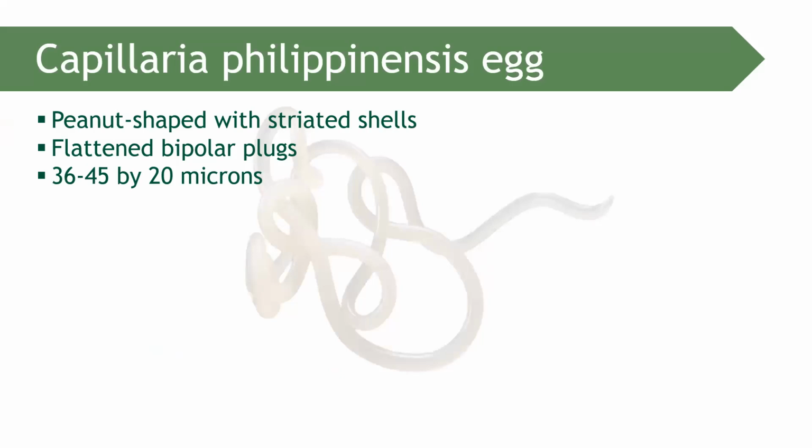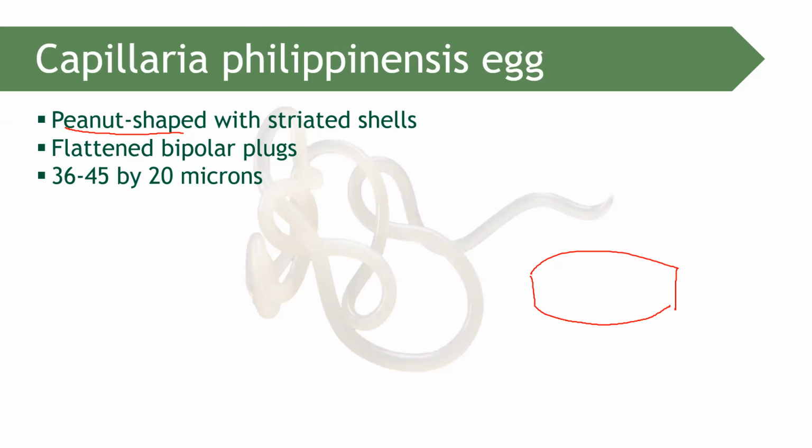So take note, flattened bipolar plugs, sometimes referred to as guitar shape. Peanut shape, football, Japanese lantern: that describes Trichuris trichiura. Capillaria philippinensis has a peanut-shaped egg.